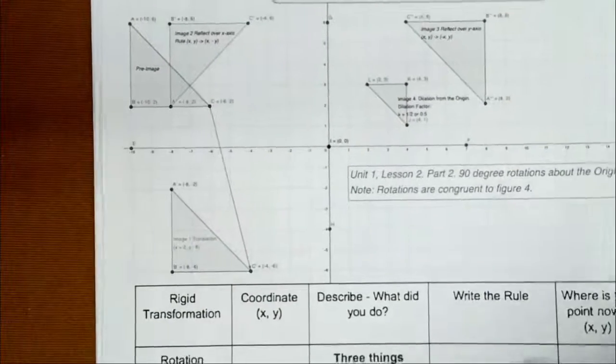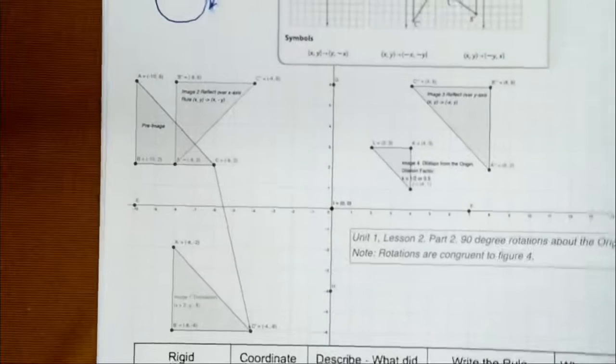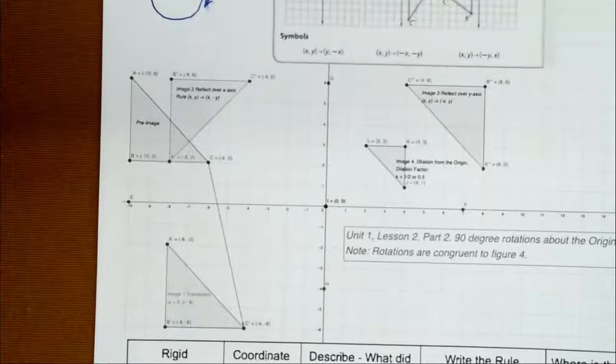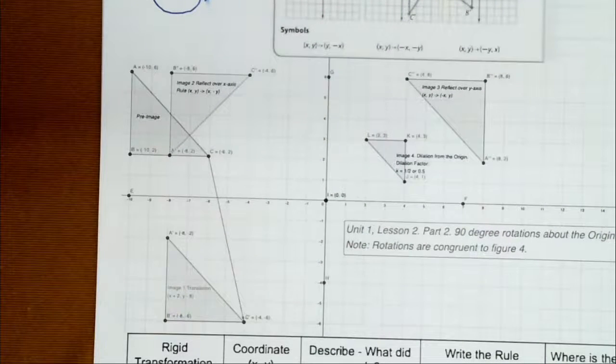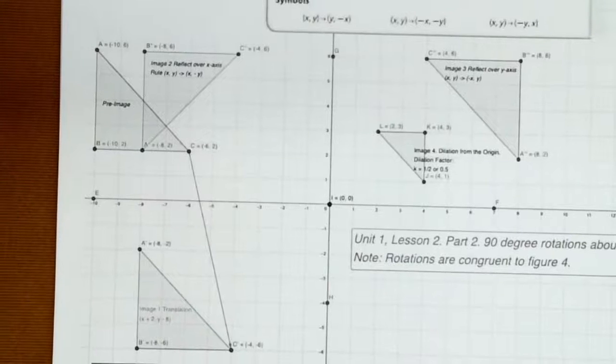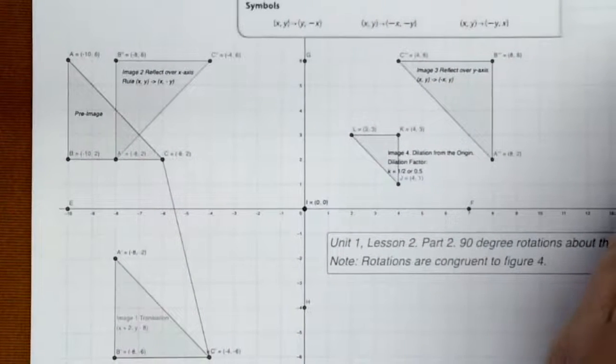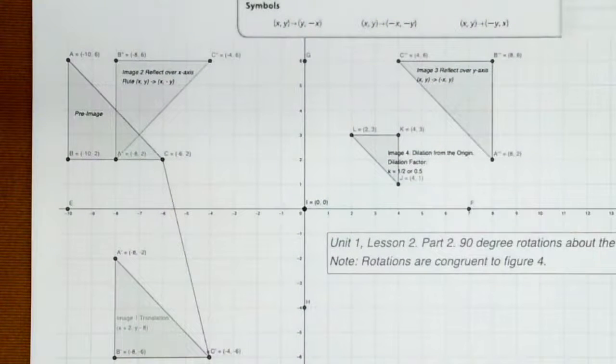We have some rules set up to do it by rule. Let me zoom in just a touch more so you can see this a little bit better. And we want to take image 4, we're going to rotate it 90 degrees.